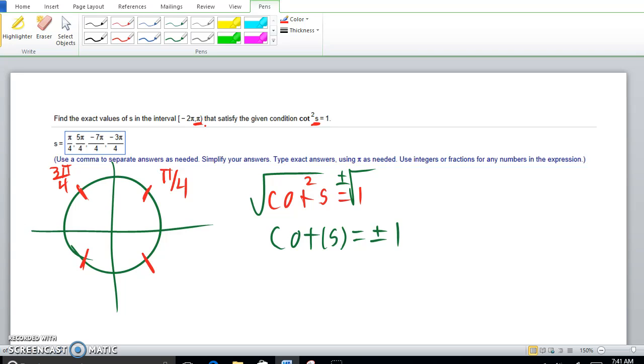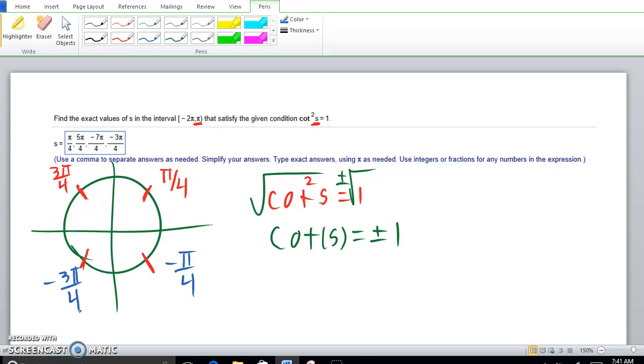And so now you're going to have to go clockwise around and find the negative ones. Let's see, this one would be negative pi over 4, right? Okay, and then this one over here would be negative 3 pi over 4.